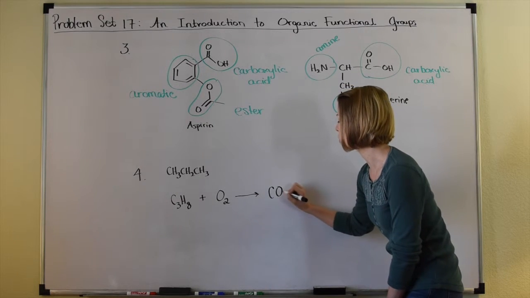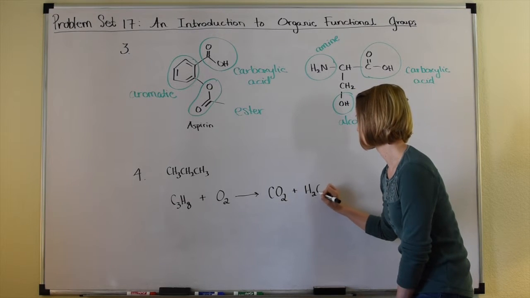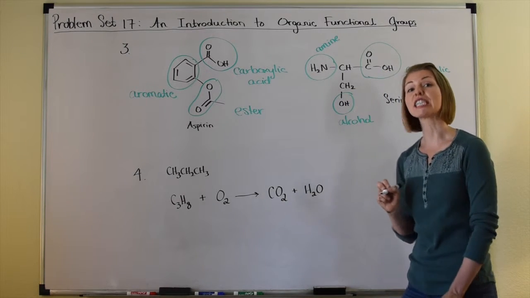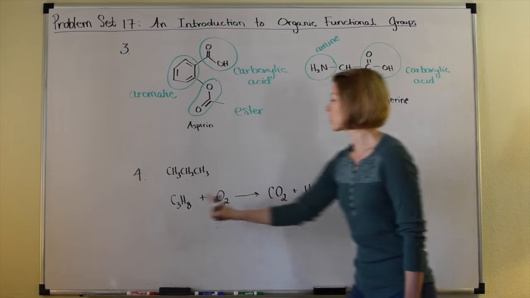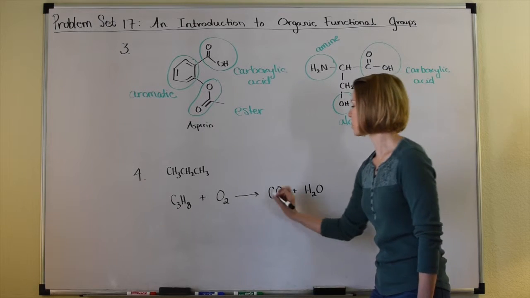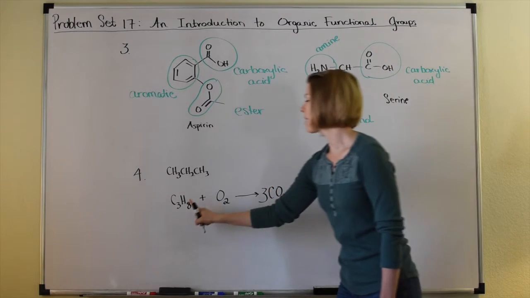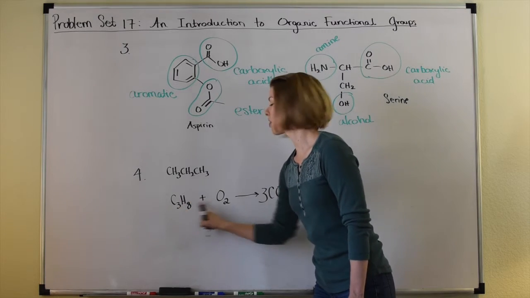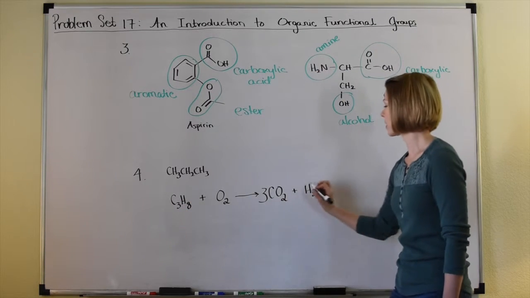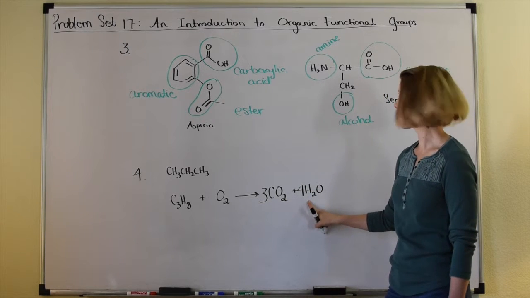The products are always the same, carbon dioxide and water. Okay. Now all that's going to change is how you balance it. So for propane, we have 3 carbons in the reactant, so we're going to put a coefficient 3 here. We have 8 hydrogens on the reactant side, so I'm going to put a coefficient 4 over here for the H2O.